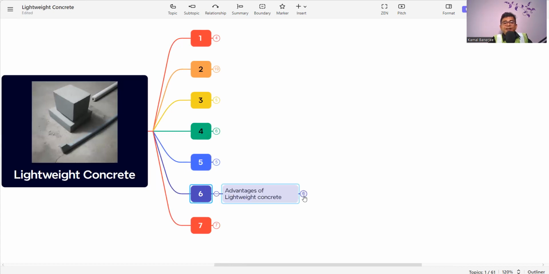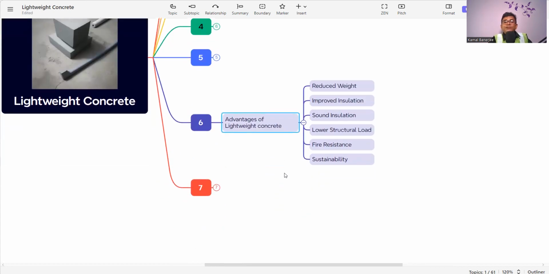Then what are the advantages of lightweight concrete? We already discussed. First thing, the reduced weight. What is the reduced weight? The dead load will be less in the structure, so there will be less load on the structure. Then improved insulation. The insulation is a huge property, and it can be used widely for thermal insulation. Then sound insulation.